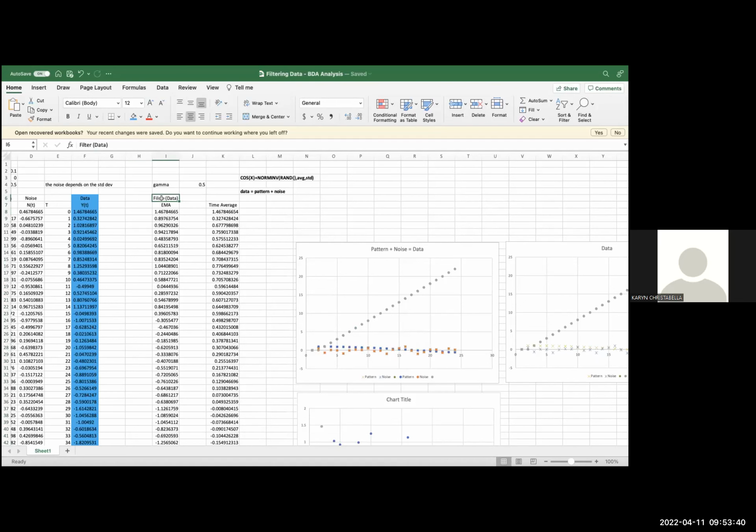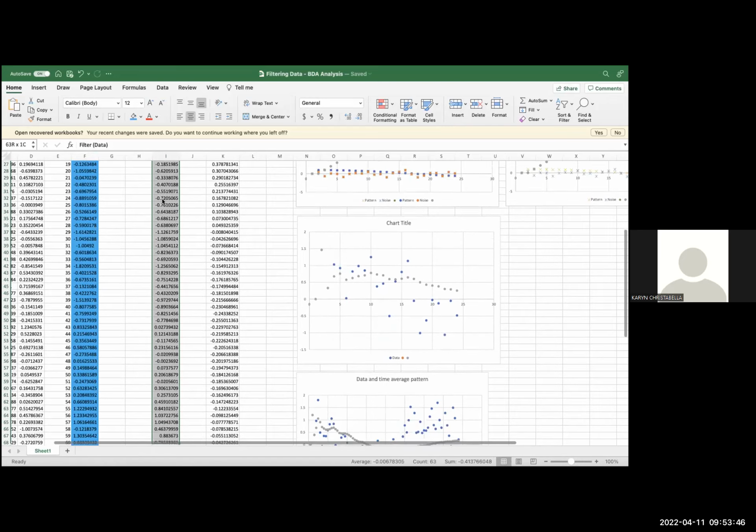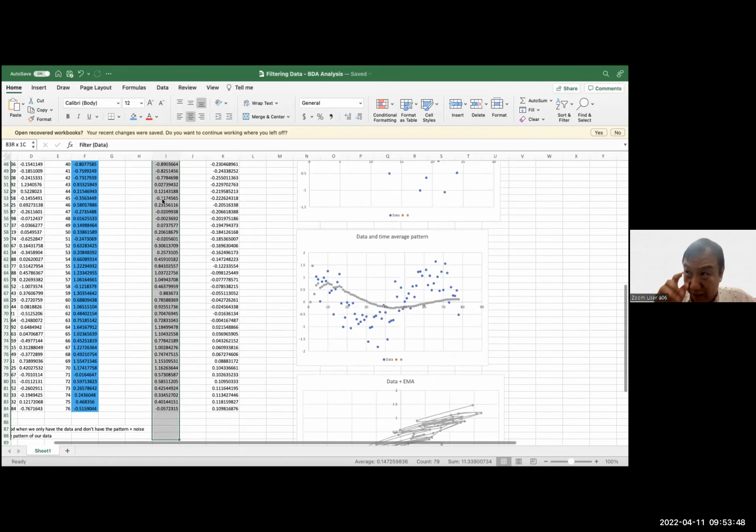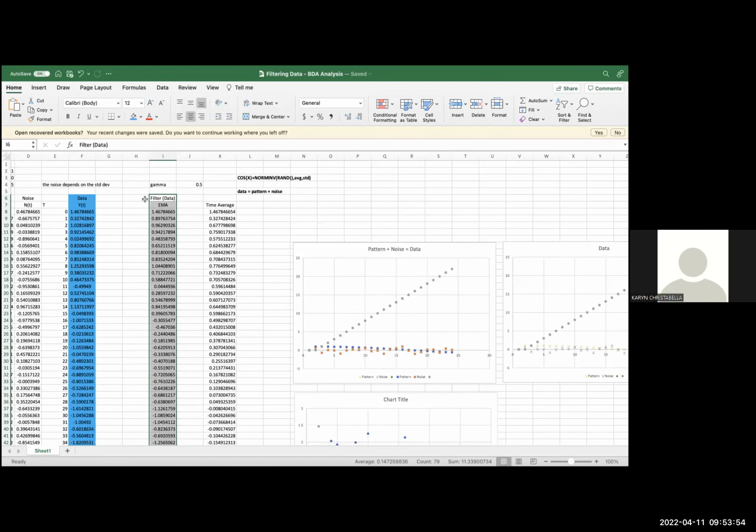There is a button in your keyboard called End, right? And then there is an arrow down. So this one, move to column G.